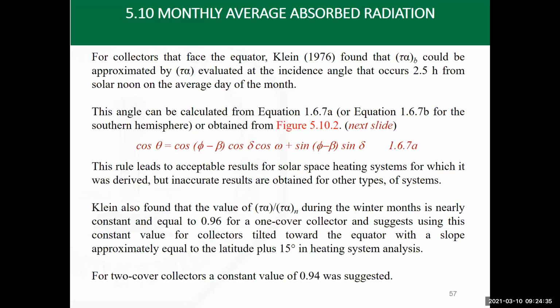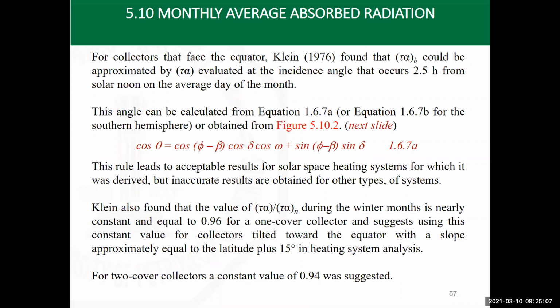For collectors that are facing the equator, Klein has found that tau alpha beam can be approximated by tau alpha evaluated at the incident angle occurring 2.5 hours from solar noon on an average day of the month. What he is trying to do is come up with a simplification again and again.